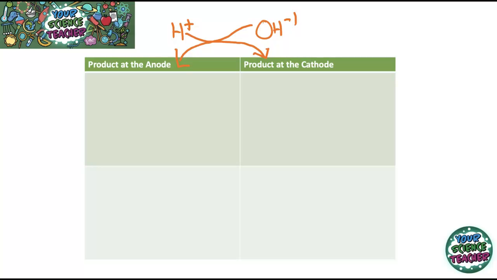So you can make other products in these electrolysis. So there are some rules that you need to know. At the anode you will make either oxygen or the negative ion that's in your electrolyte. And the way to decide what you make is whether a halogen is present. So if you have a halide ion, you will make a halogen.